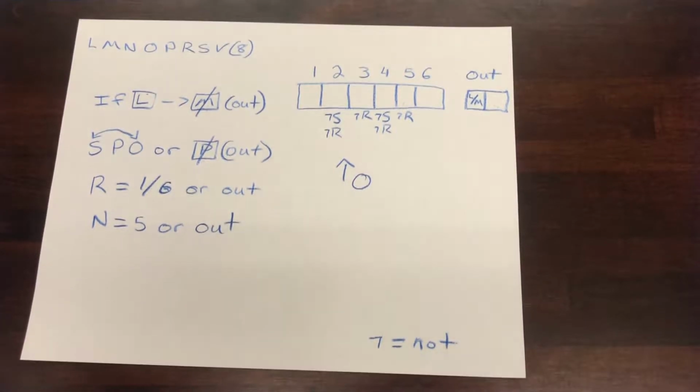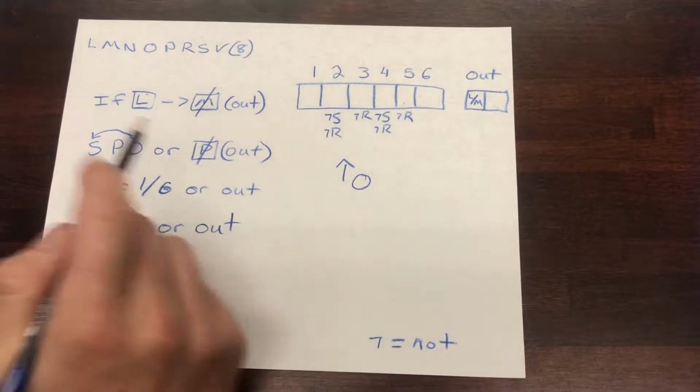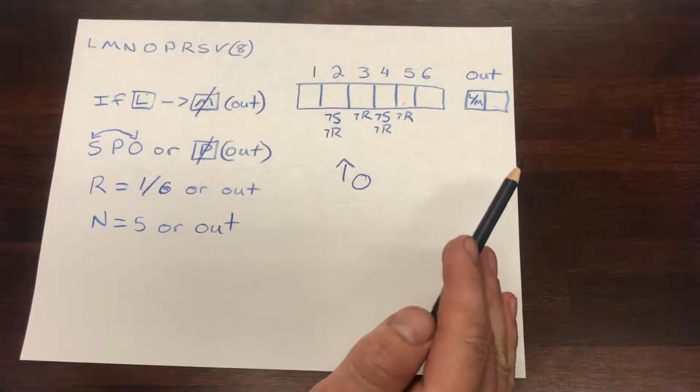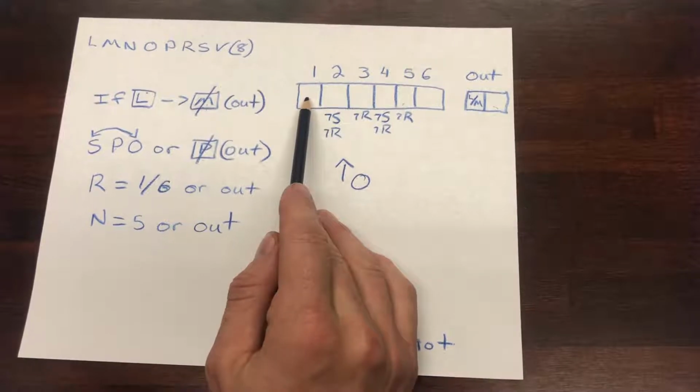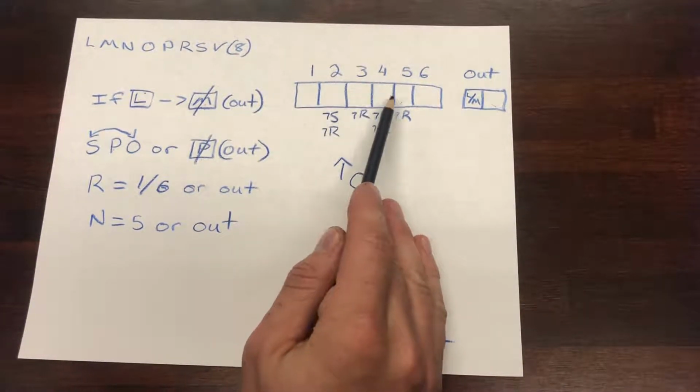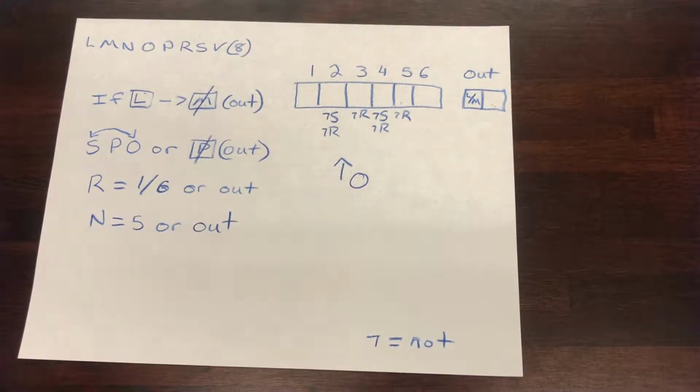When question 6 says, which of the following can be the display of bowls listed by the potter's name in order from position 1 to 6, we're going to use our rules over here to figure that out. The easiest thing for me to test is R in 1 or 6 or out. If it's in 2, 3, 4, or 5, then that answer is wrong.